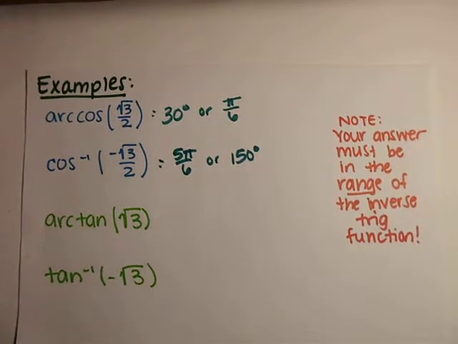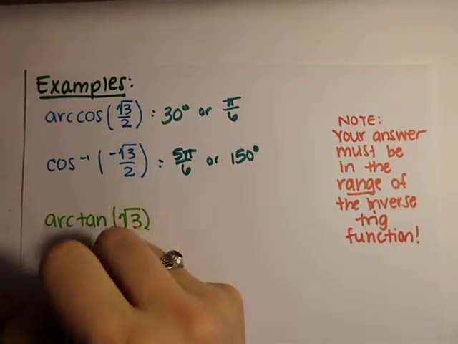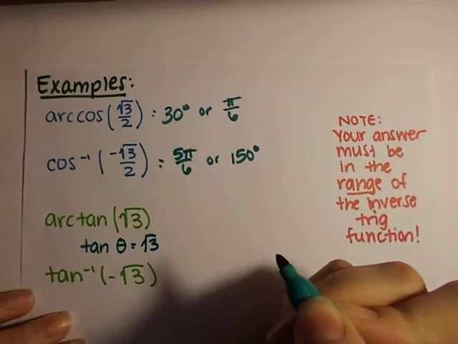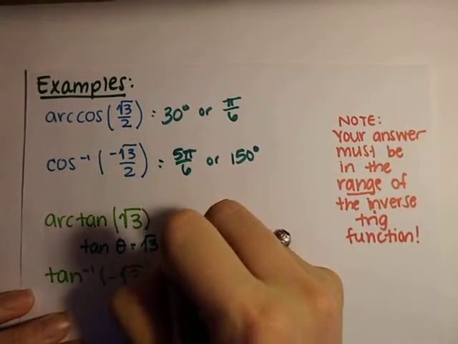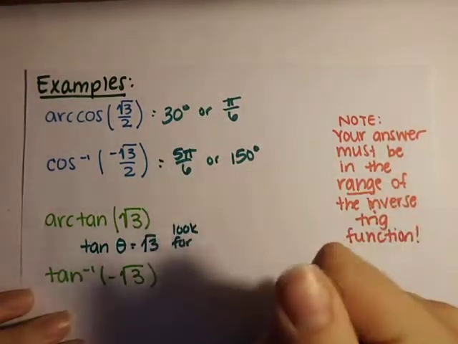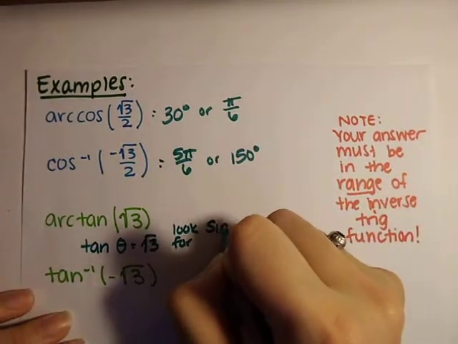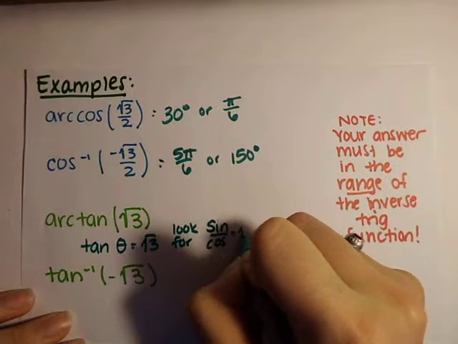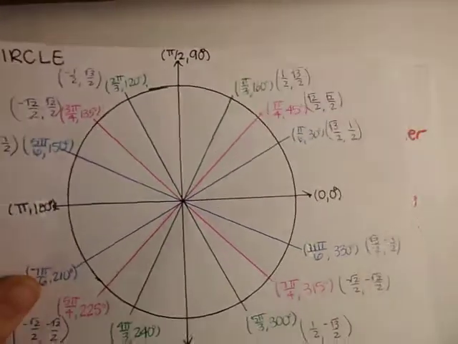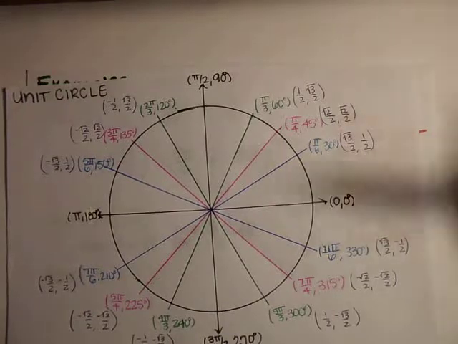Now, arctangent is a little bit different. For arctangent, it's saying the tangent of some angle equals the square root of 3. So what we're looking for is our y over x, our sine over cosine, to equal the square root of 3. So I'm going to look for sine over cosine to be the square root of 3.